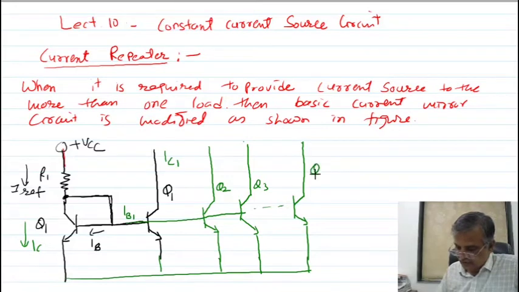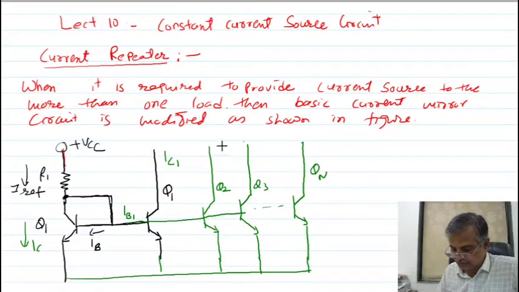This is your Qn, number of transistors is 1, 2, 3 like so. These are currents IC2, IC3 up to ICN.